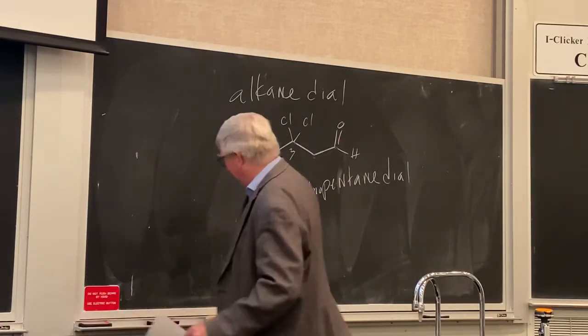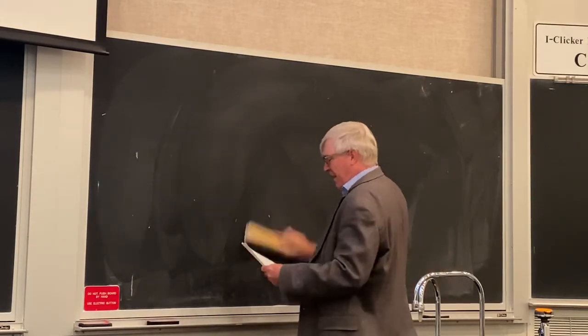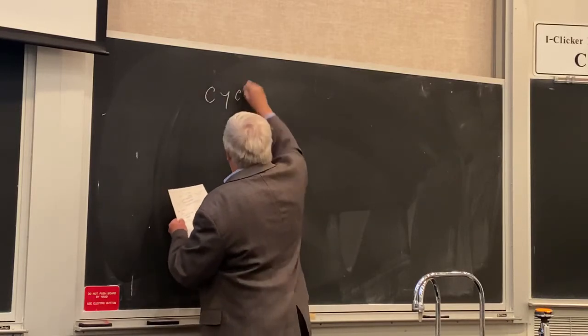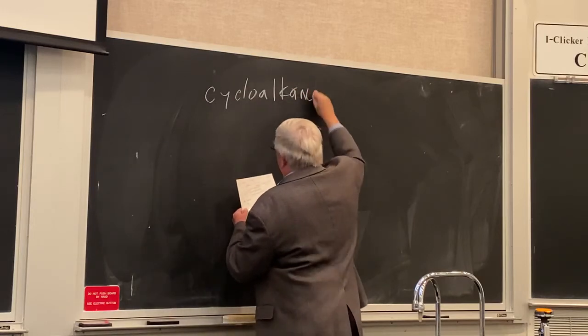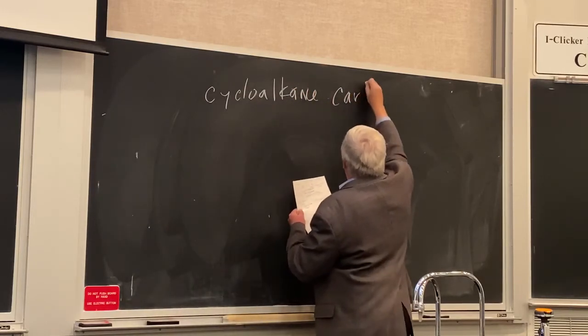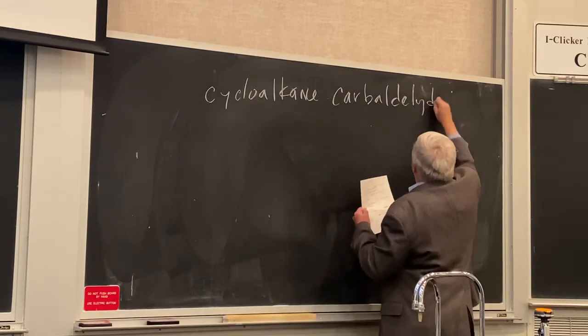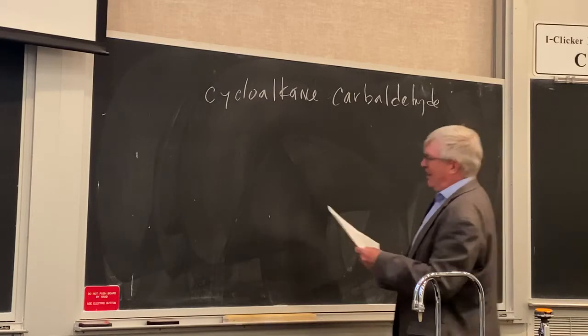Okay. Cyclic aldehydes are a little bit different. Cyclic aldehydes are cycloalkane carbaldehyde. H there, carbaldehyde, cycloalkane carbaldehyde.